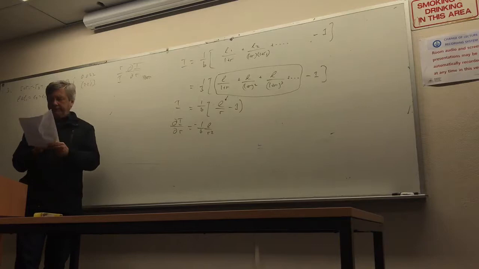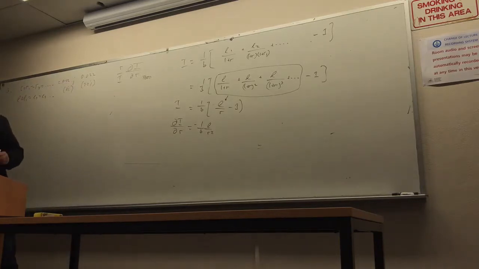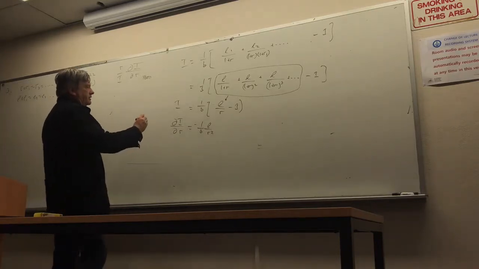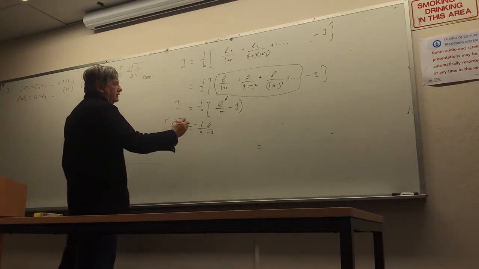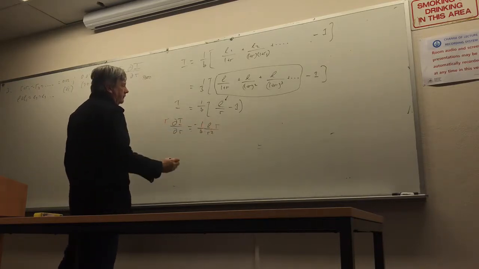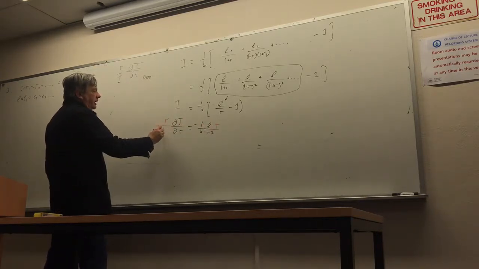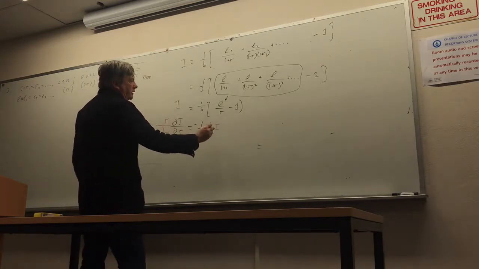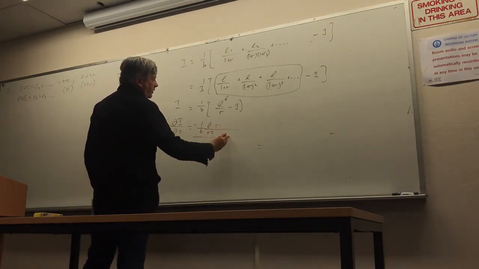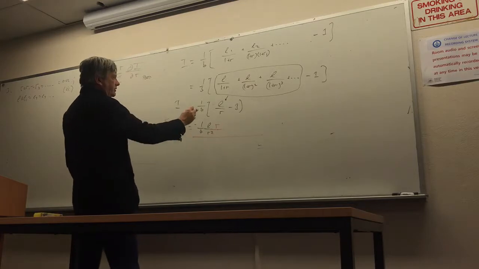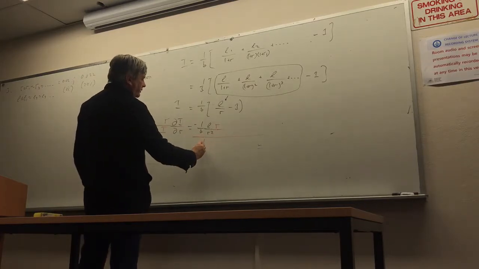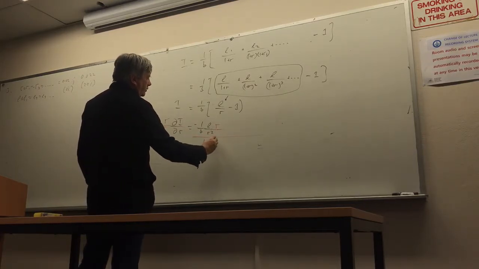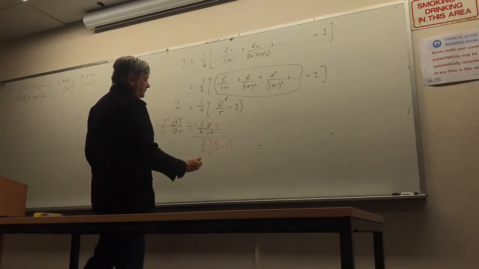Therefore, that's all very well, but it's handier to actually think of an elasticity, so we multiply through by r. We can put r there if we like, and we divide by I. What is I? Oh, here we go, it's 1 over b, rho over r minus 1.